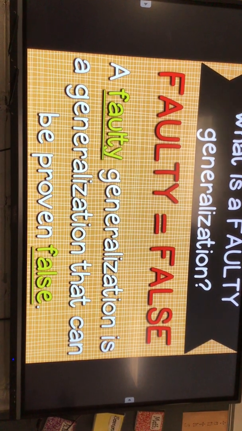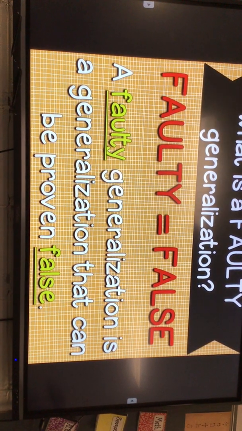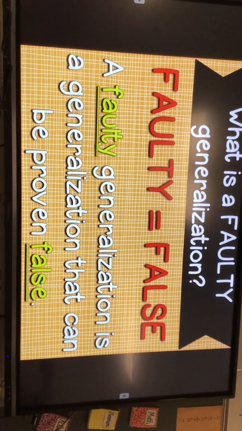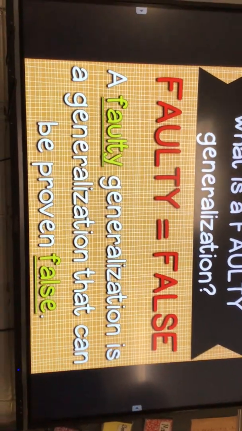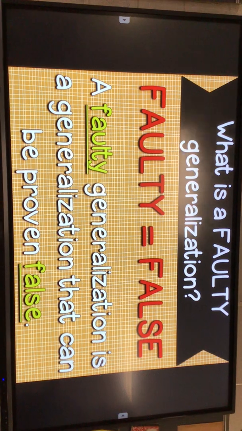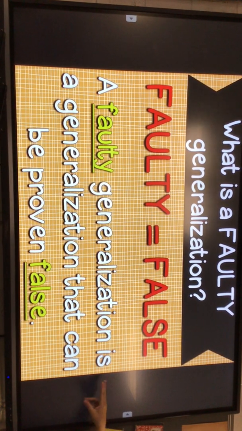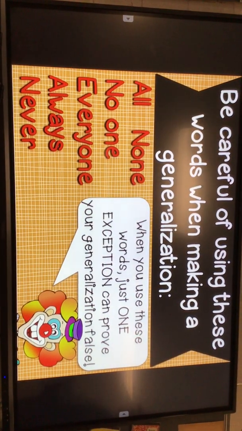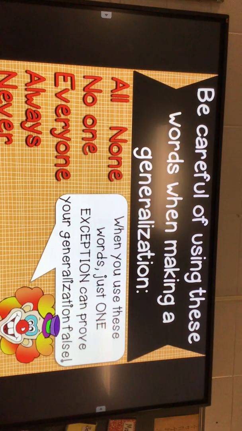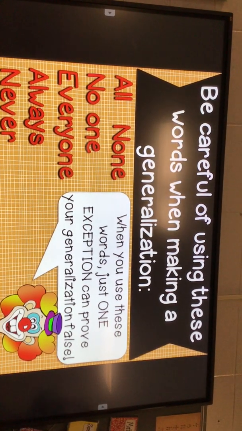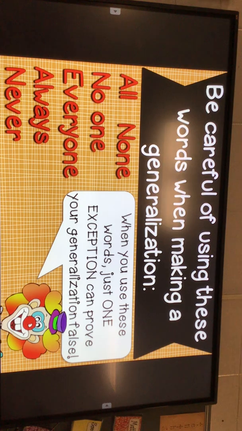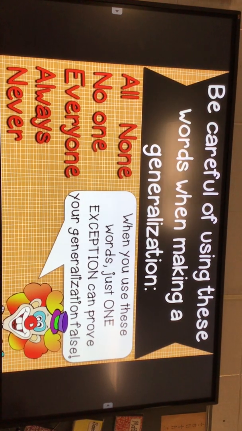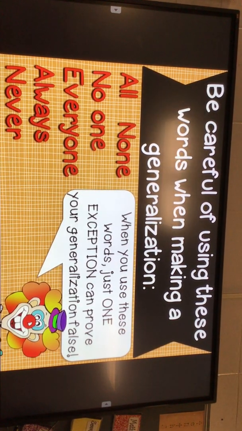We always walk on tile 2. Do we always walk on tile 2? No. Sometimes we have to go around a trash can. Sometimes we have to go around another class that's up in the hallway. All right. Be careful of using these words when making a generalization. All, none, no one, everyone, always, never.